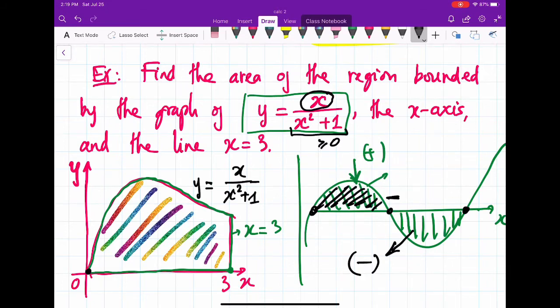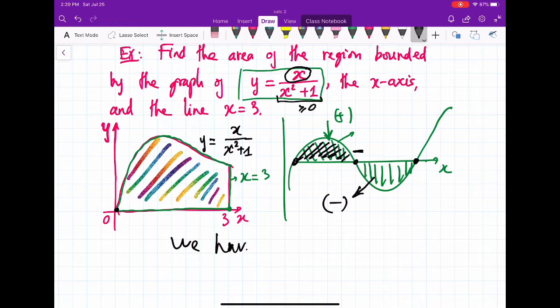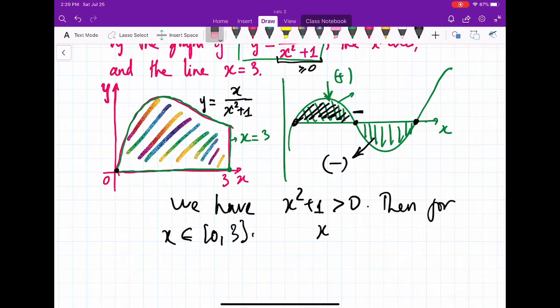Does that make sense? So I can write the explanation in here, right? So we have x squared plus 1 is always positive. Then for x between 0 and 3, x over x squared plus 1 is always greater than or equal to 0.